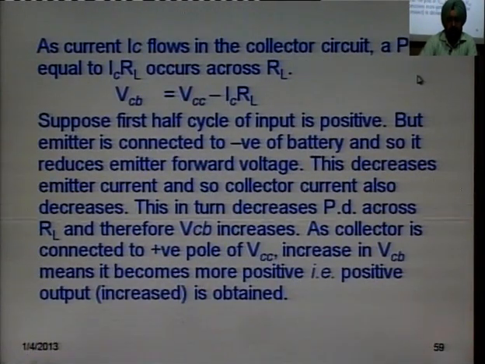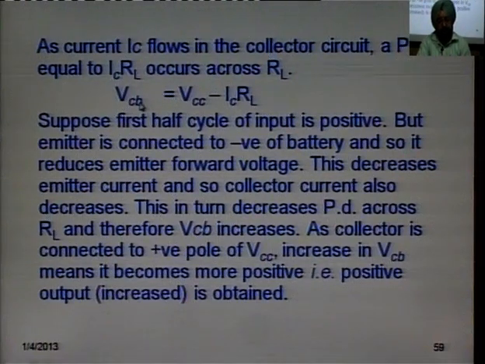As current flows in the collector circuit, there is a potential drop that takes place across the load resistor. Because collector current IC has increased, the drop which is being subtracted here from the voltage between collector and the base also increases, so VCB decreases.